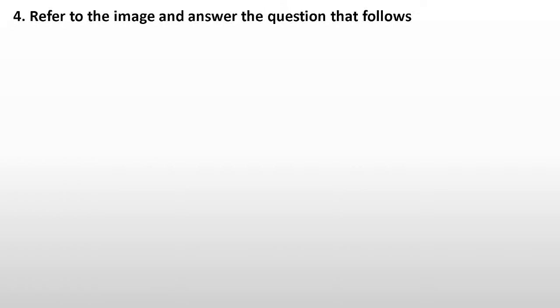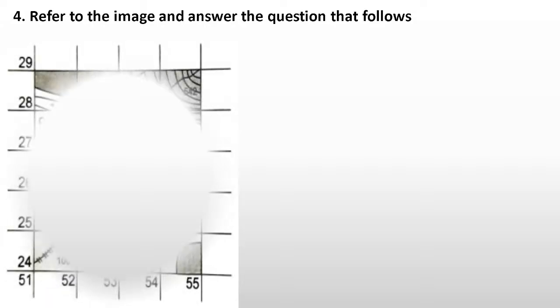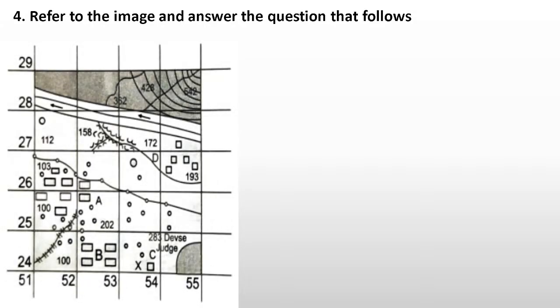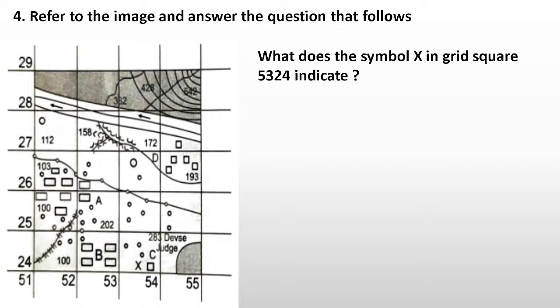Question number 4. Refer to the image and answer the question that follows. And this is what the image is. So look at this image for question number 4 and answer the question. What does the symbol X in the grid square 5324 indicate?